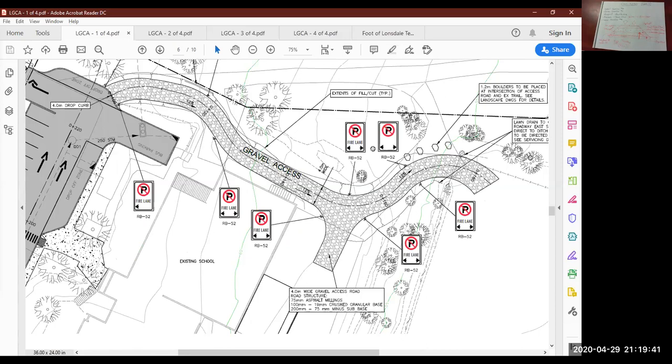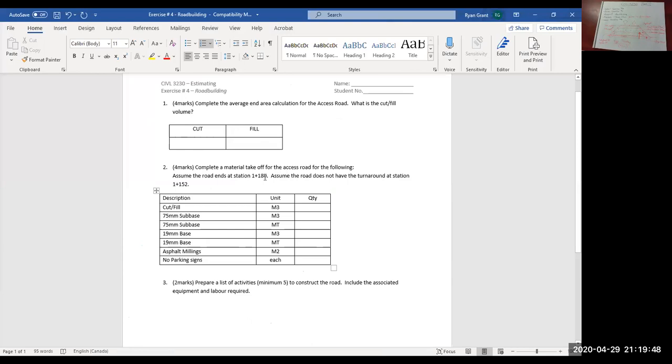So if I jump back to the Word document, I've basically given you the surface area of that road. So you need to multiply two numbers together. That'll be your area. Then you are calculating cut and fill volumes.